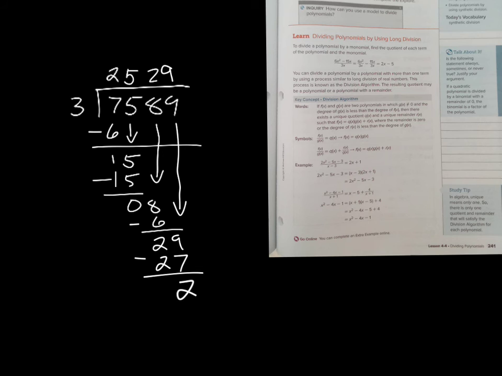But we're not going to leave it as a remainder. What we're going to do is say, really, this is 2,529 and 2/3. So the 2 is what's left over on the last step, and the 3 comes from what you're dividing by. We're going to use the same idea here in a couple of minutes.